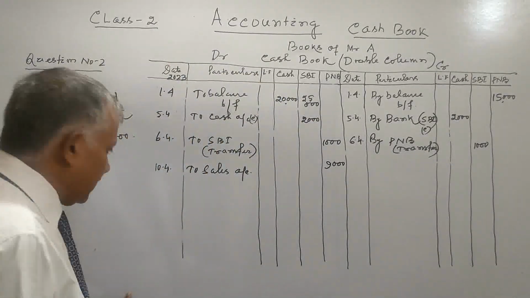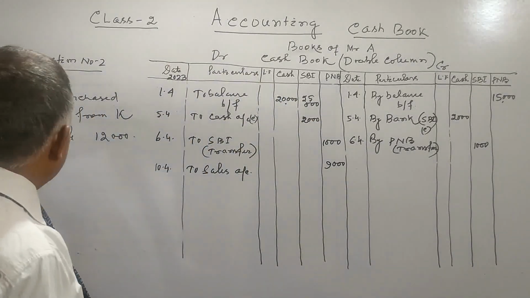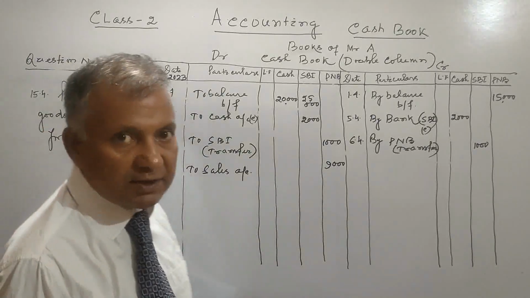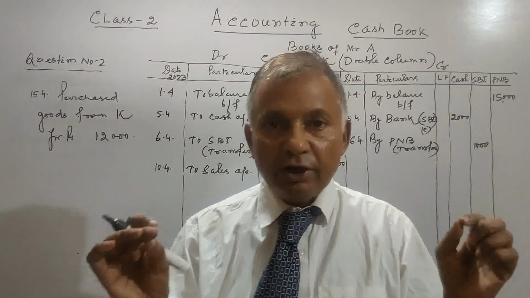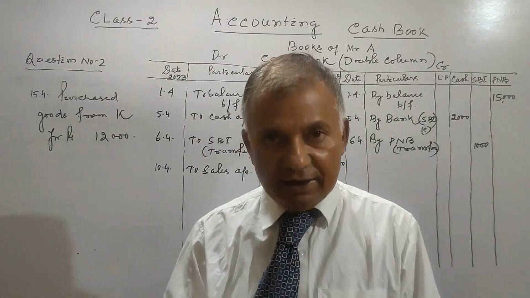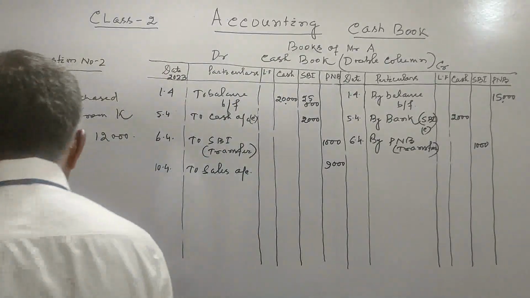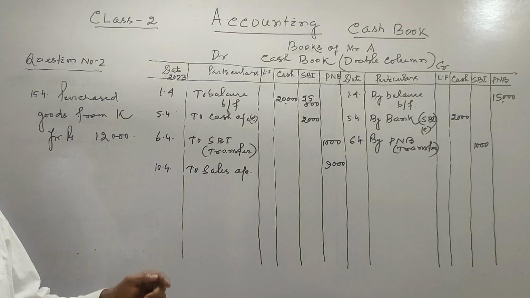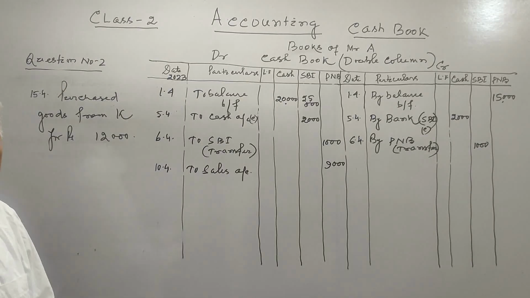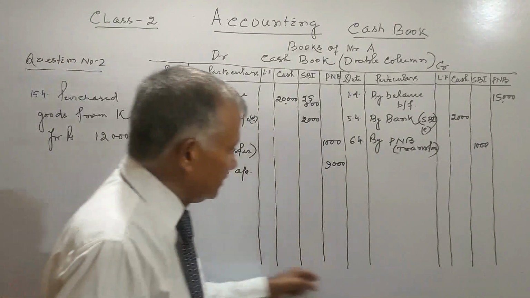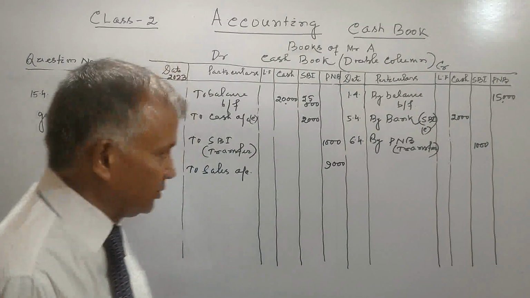The note will be: on 15/4 it is a credit purchase, therefore it will not be recorded in the cash book. Right? You can write this as a note after the problem is complete.